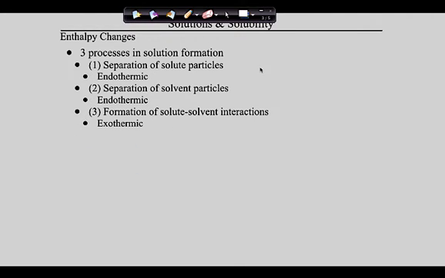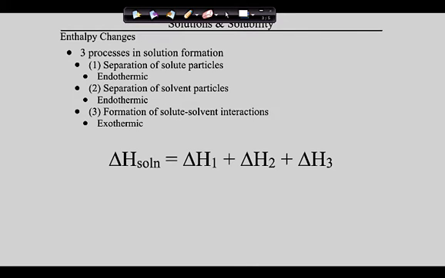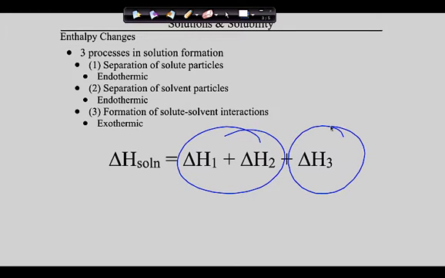And then guys, we kind of write an equation. And I know when you see equations, you're thinking we're going to do math. You're not going to do this math. But what we are saying is this: these two are endothermic, this is exothermic. So we can at least say this.